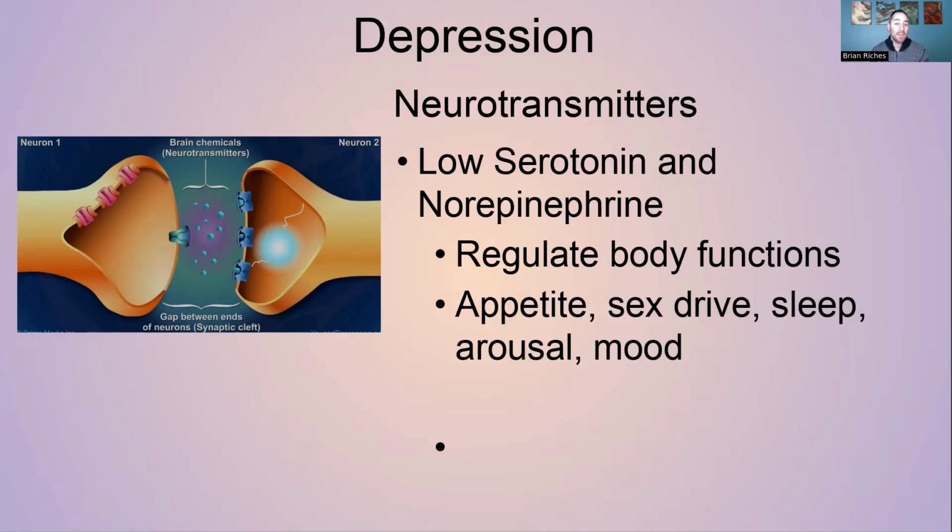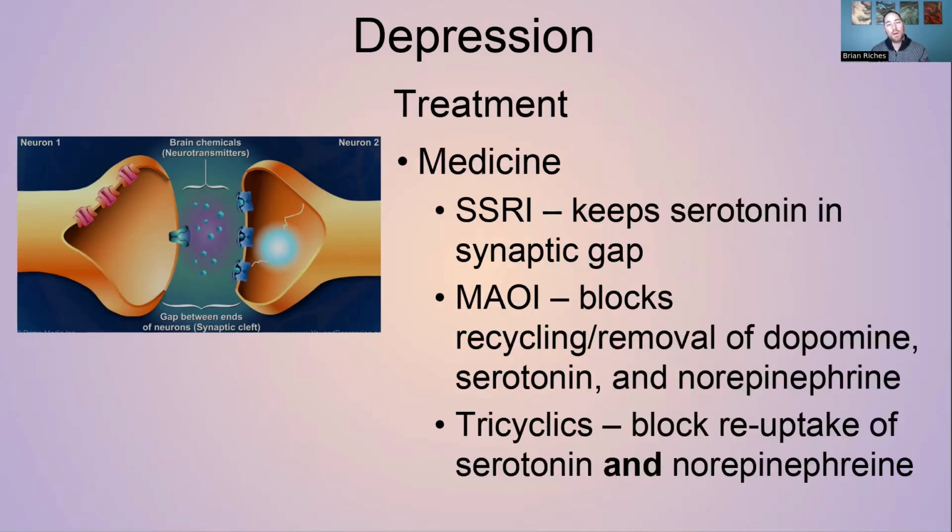You might notice a lot of these things are things that people with depression have challenges with, whether it's sleep, whether it's regulating things, whether it's their sex drive or their arousal level. So these neurotransmitters are part of that puzzle. You've got these areas with decreased activity, the amygdala with increased activity, but also lower serotonin and lower norepinephrine overall. So all these put together lead to a lot of these different symptoms.